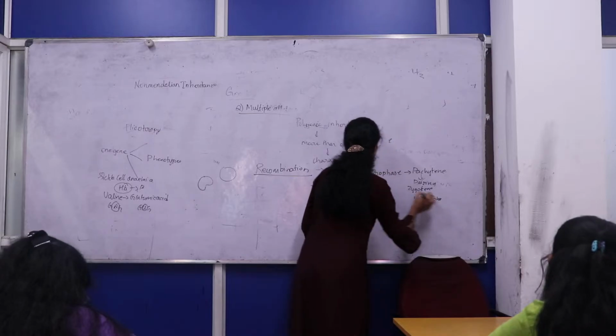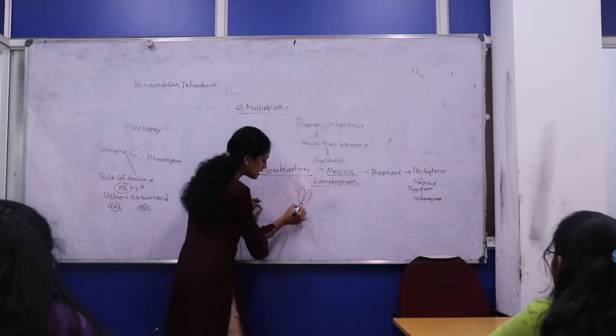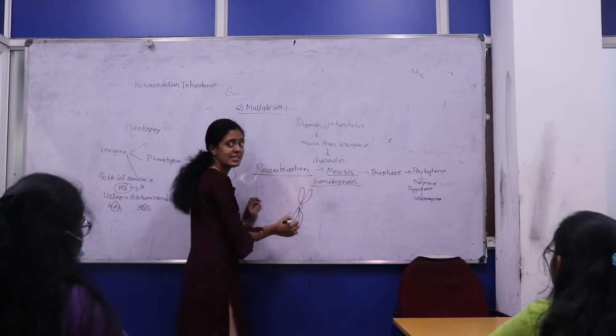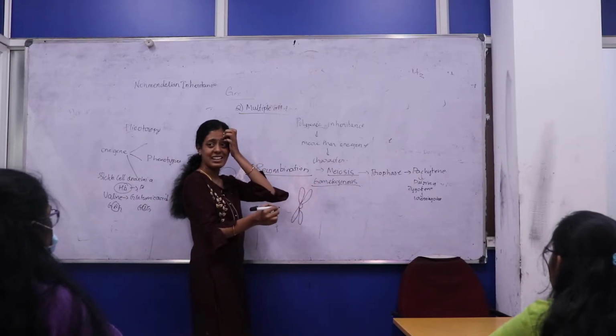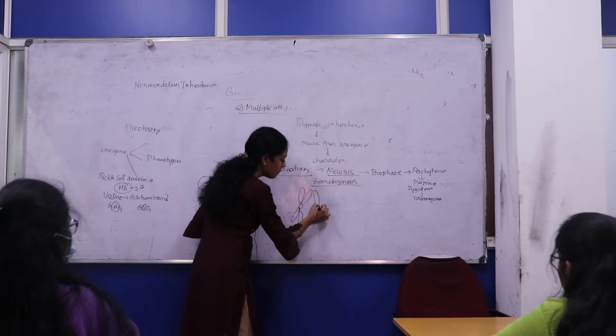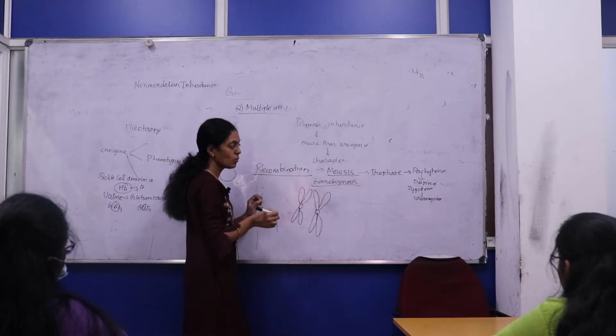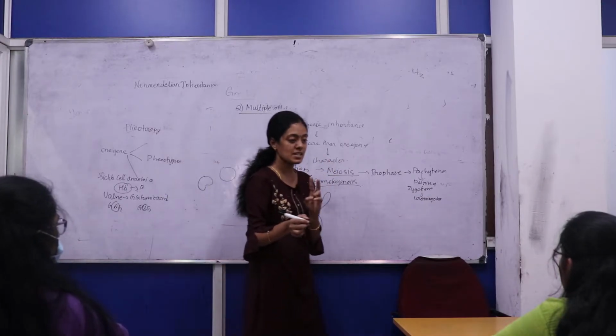Okay. So, you will have the homologous chromosome. Homologous chromosome means similar chromosomes. Okay. Listen to me carefully now everyone, any doubts? Homologous chromosomes will first pair with each other. The pairing of homologous chromosome is called synapsis.